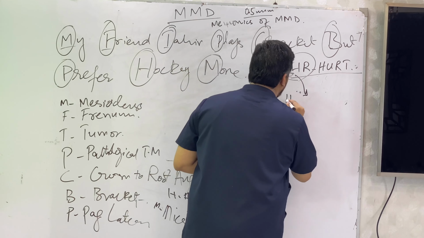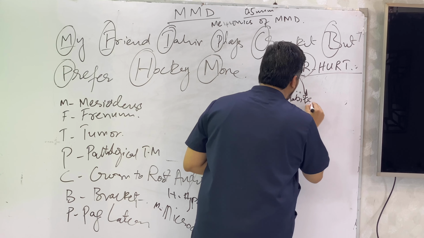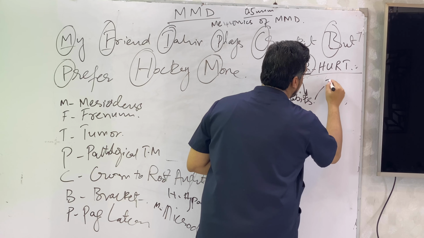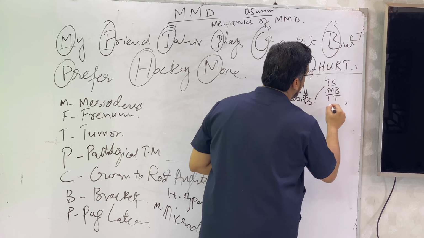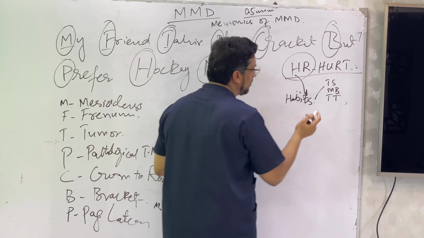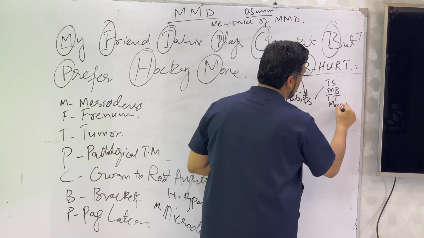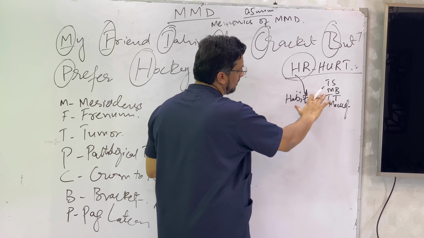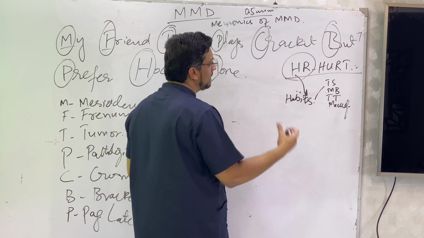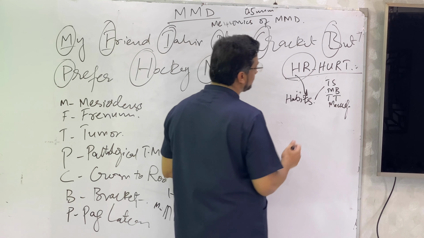H stands for habits, and the habits can be thumb sucking, mouth breathing, tongue thrusting, or macroglossia. Macroglossia is actually not a habit, but an increased size of the tongue.